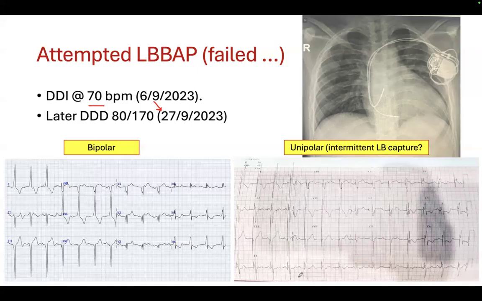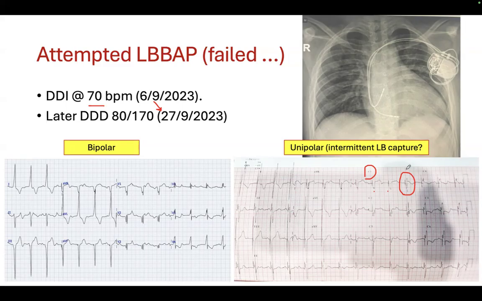Okay. So as you can see in V1, this is his paced QRS. Sometimes you see the QRS change, and then it's like a QR pattern, which is like a right bundle branch pattern. This is the pattern that you want to see when you pace the left side of the ventricle: you will get RSR prime or QR in V1, like a right bundle branch morphology.